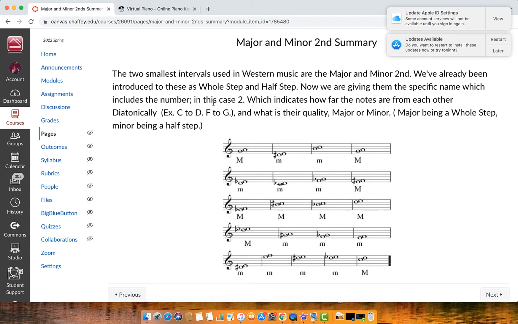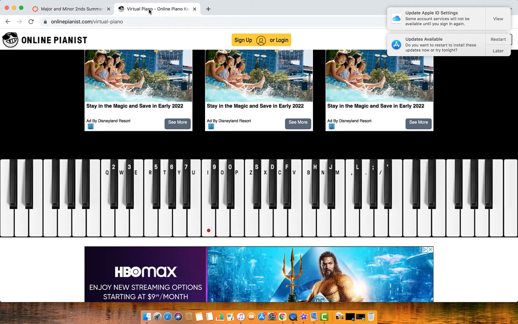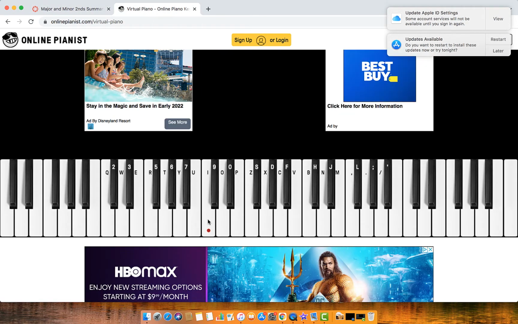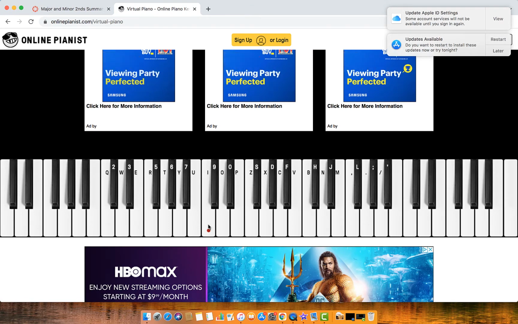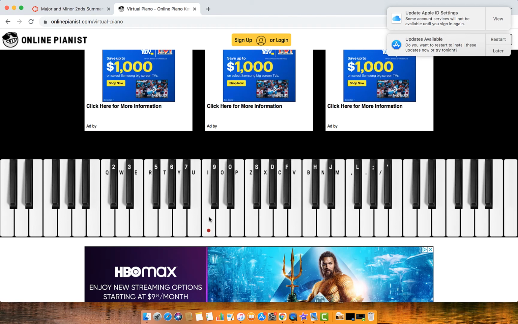And when we talk about diatonic spelling, what we mean is this. If I say, what is a major second above C? We'd say a major second above C is D. C, D. Now, if we said minor second, well, that means a half step move.